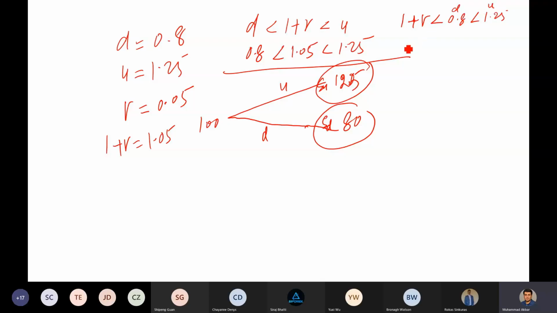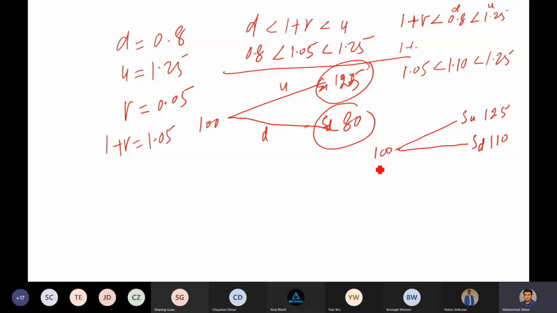Let's suppose 1 plus R is like in my case 1.05, and D factor is 1.1 and U factor is 1.25. So like in my previous example, if the stock price can go up to 125, even if the D factor is taken, it can go up to 110.